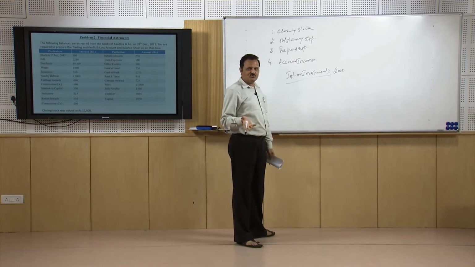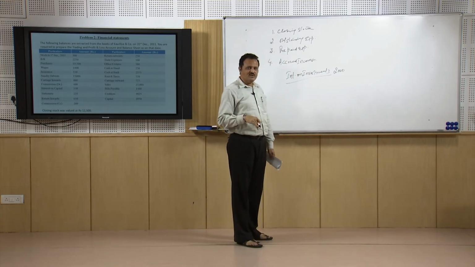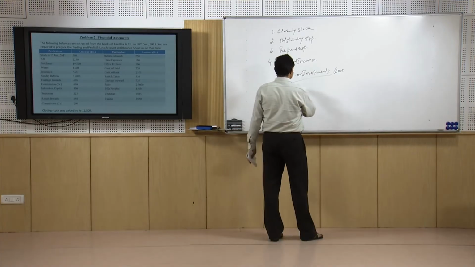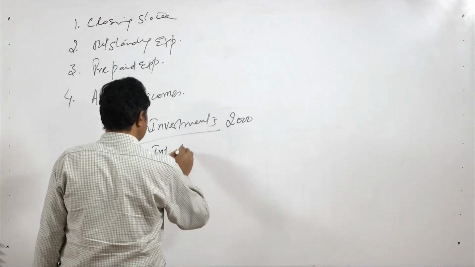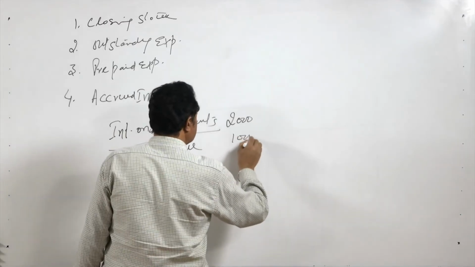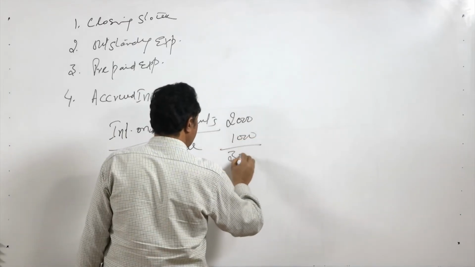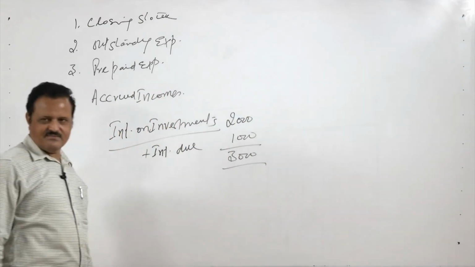It has become due but not been received. So the total interest income of that year will be 3000 rupees, including the interest due of 1000.